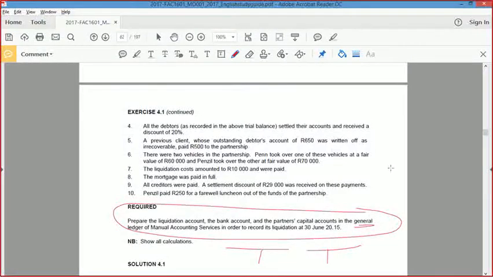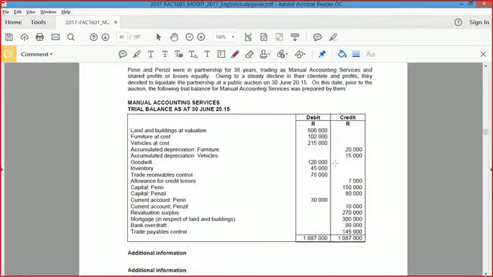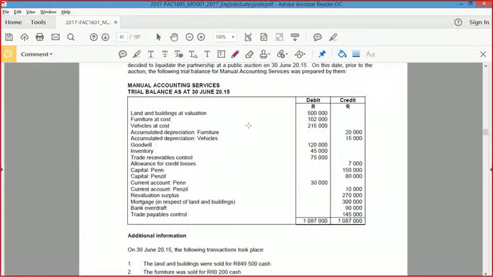Good. All right, so now we go to the question. Coming back to what we just said, you told me land and buildings is what? Asset. Good. So you know what it is, and now you know how much it is: 500,000. If it's a simultaneous liquidation, you've got capital, you've got bank, and you've got liquidation.